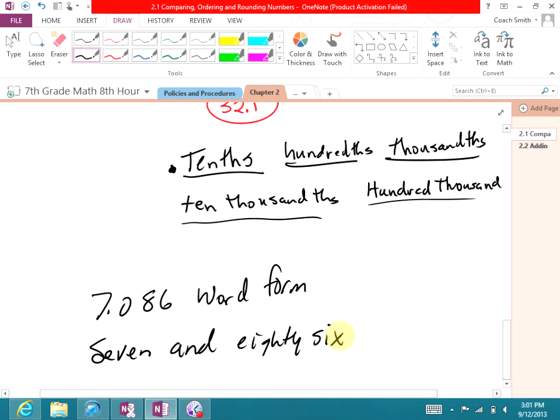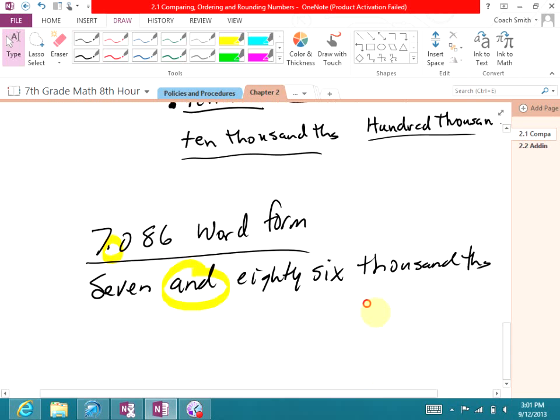What place value is the 6 in? Thousandths. So that's how you'd write that number in word form. Okay? The word and is for the decimal. You only put the word and in there if there's a decimal in the number.